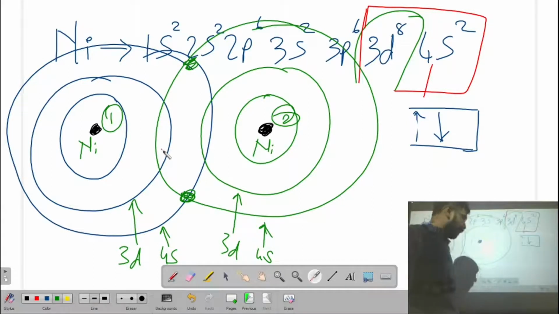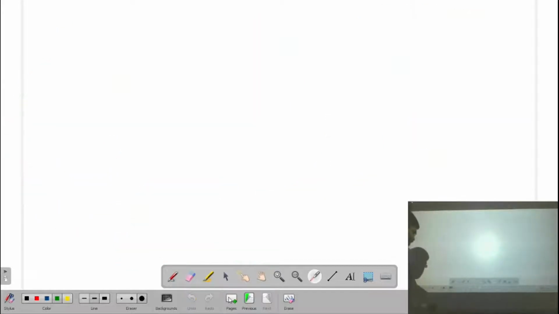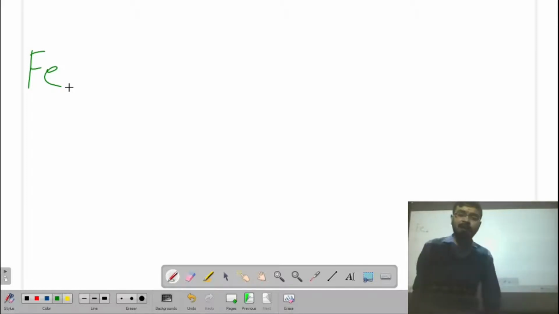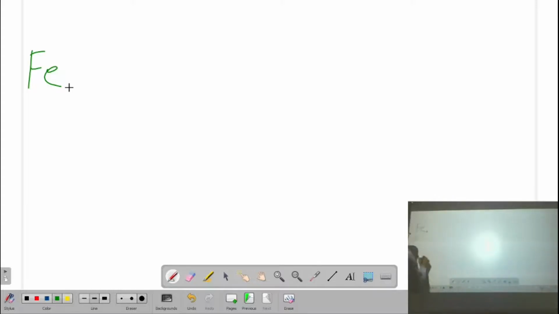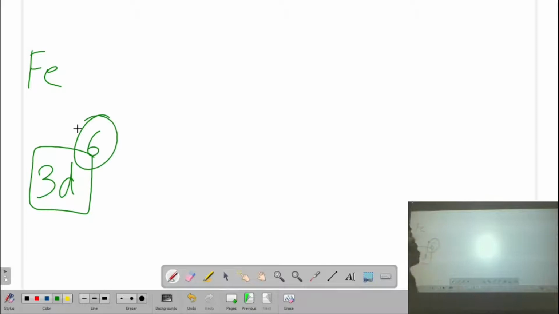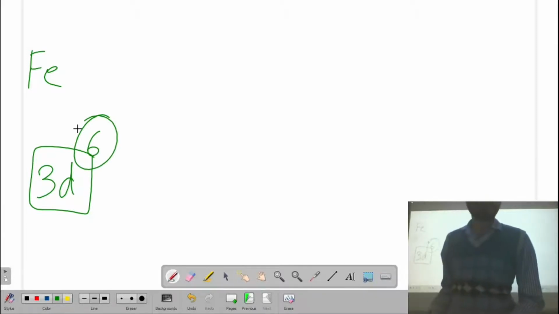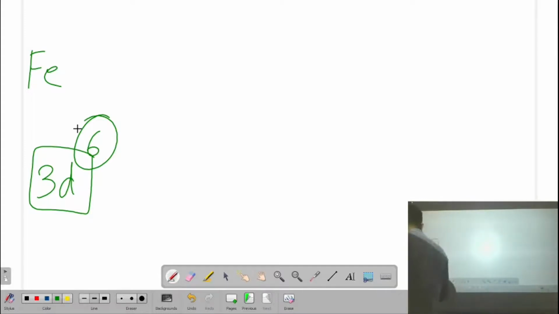Let us see for Fe, iron, and cobalt. Now Fe has an electronic configuration the same as nickel, but its 3d orbital is filled with only 6 electrons instead of 8. For nickel it was 8, in Fe it is only 6.